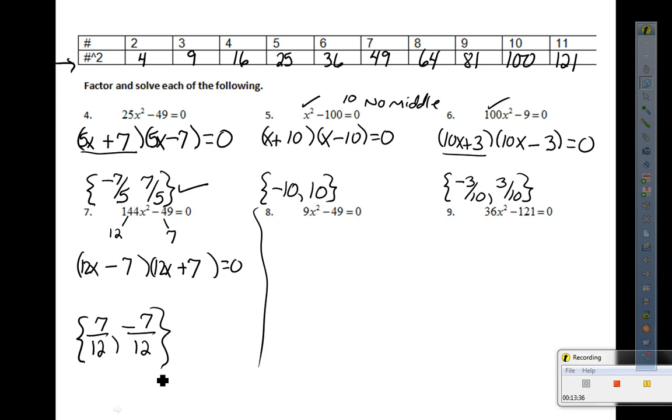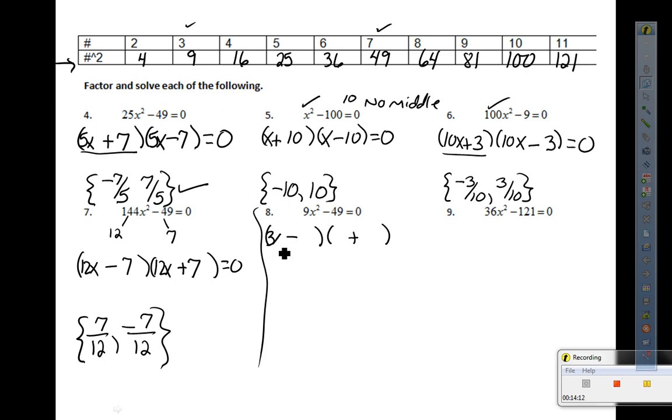Here's number 8. You got to ask yourself, do you know the square root of 9? And the answer is, yep, 3. Do you know the square root of 49? The answer is, yep, 7. Is there a minus sign in between there? The answer is yes. So here goes the factoring of number 8. There's going to be a plus and a minus because there's no middle term.